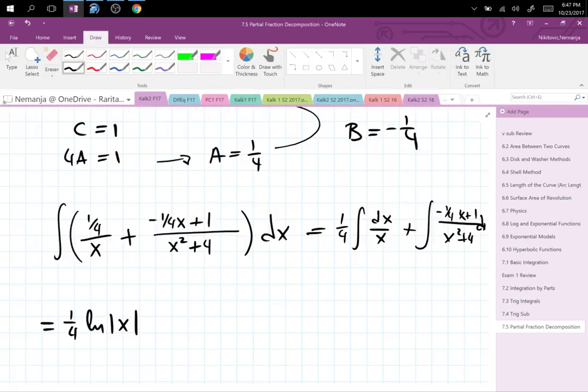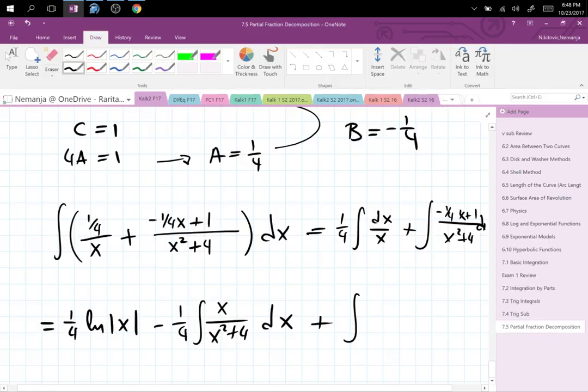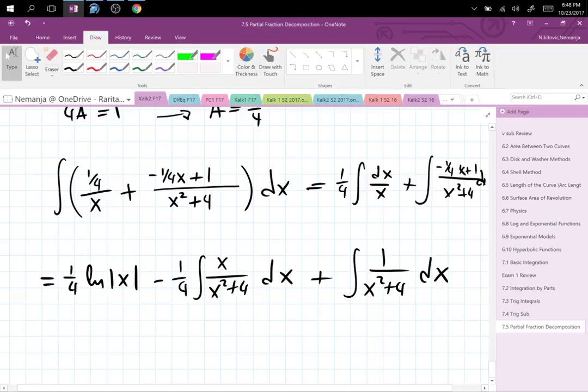That is the technique I'm using here, splitting the fraction at this plus in the numerator. So I have negative 1/4 integral of x over x squared plus 4 dx, and then plus the integral of 1 over x squared plus 4 dx. So these are the two integrals.